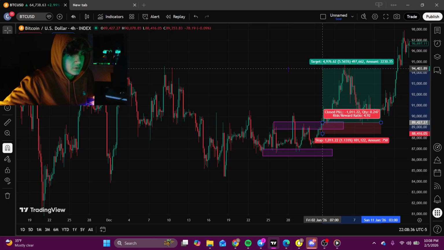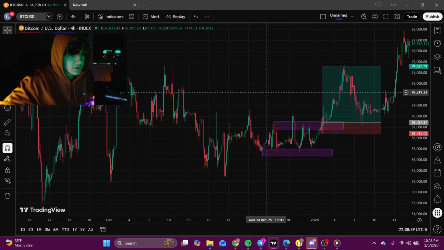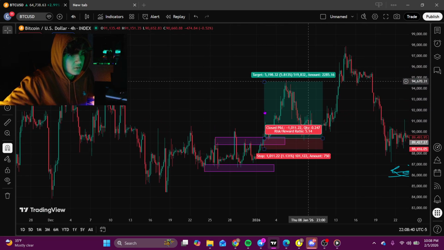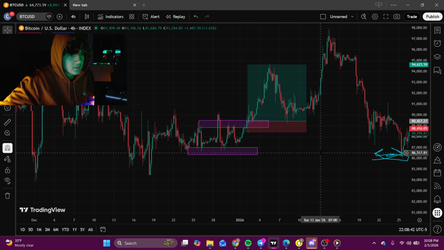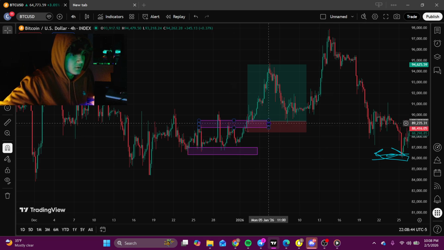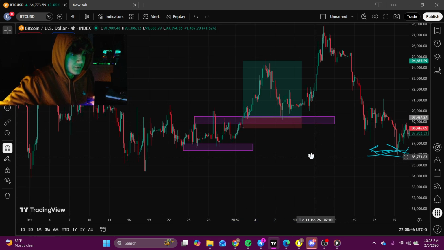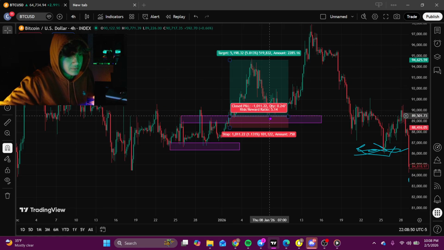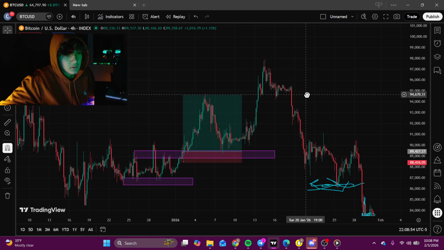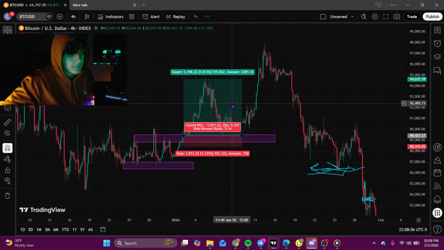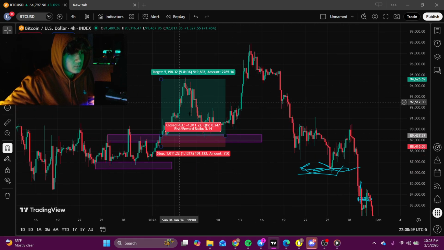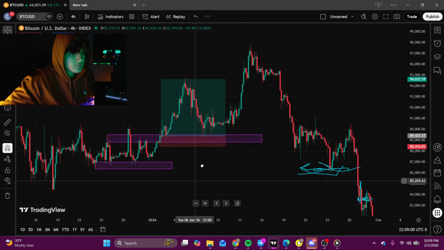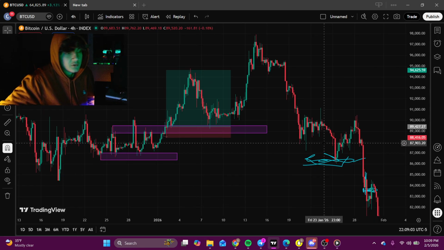Either way, you want your target right there at the least. Or you could look at it a different way. See price indicated above the purple box, corrected back down to the purple box, and continued higher. Alright, you can see that. I see that. You see that? And that's how you do it.